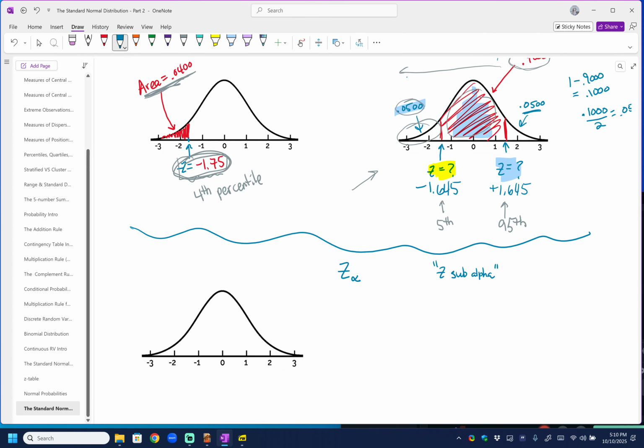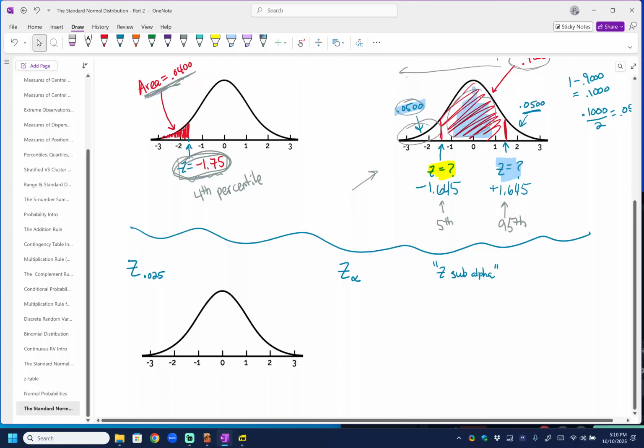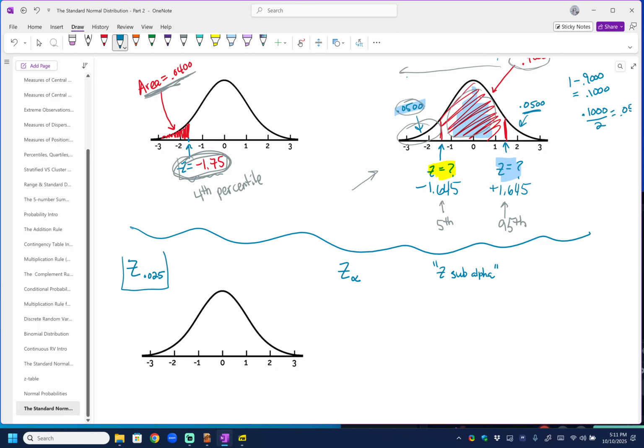For example, suppose that I was asked for this value, in other words, z sub 0.025. If you see this, specifically a variable z with a subscript that looks like some type of area, it is telling you that it wants a z value with an area 0.0250 above it. That's all it's looking for.